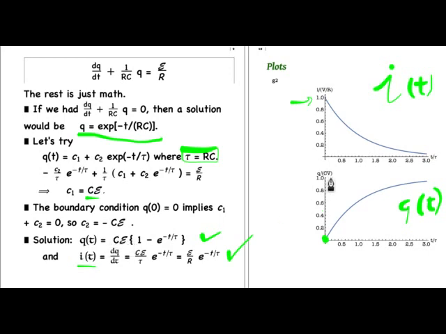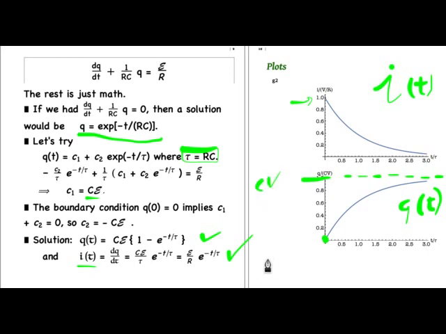So here is where the charge is equal to C times E, or C times the voltage of the battery. And the charge approaches that asymptotic value exponentially. So as the current decays exponentially, the charge approaches an asymptote exponentially, which is just C times V.